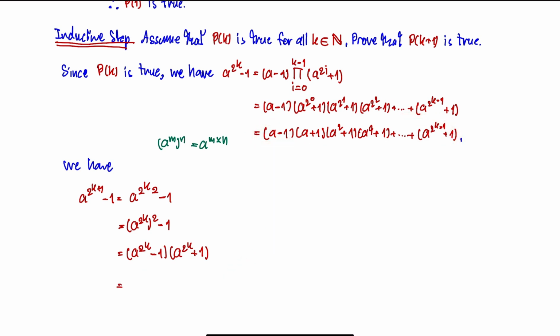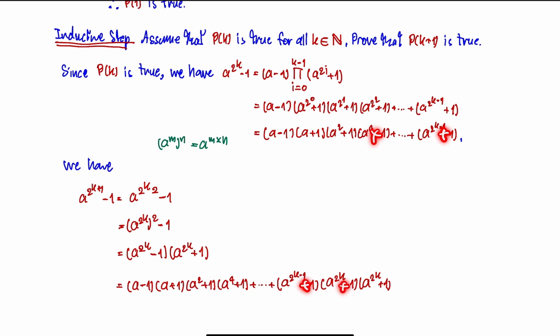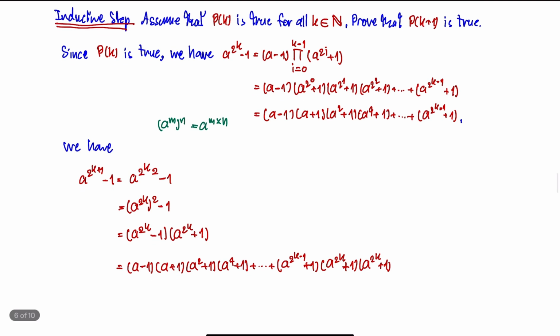So we're going to have a minus 1 times a plus 1 times a to the 2 plus 1 times a to the 4 plus 1 and plus all the way to a to the 2 to the k minus 1 minus 1 and a to the 2 to the k minus 1 times a to the 2 to the k plus 1. Oh, I forgot that it must be plus. Okay, plus right here and plus right here.